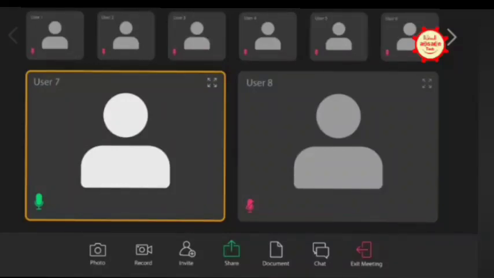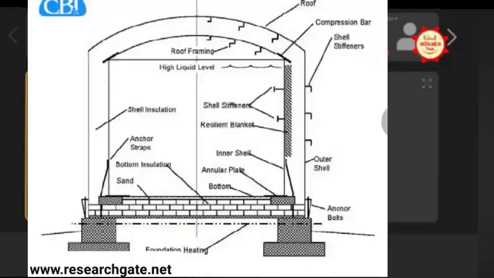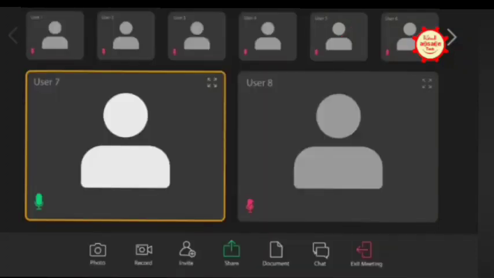So is your vessel also like this, the one I am sharing now? These are the API tanks, cryogenic tanks for LNG in India.